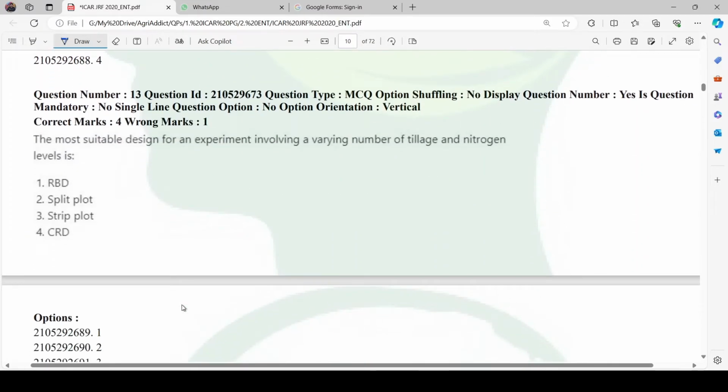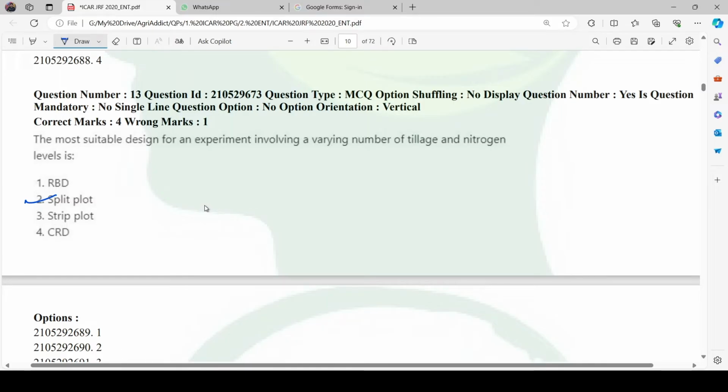The most suitable design for an experiment involving varying tillage and nitrogen levels is the split plot design. What happens in split plot design? There, two kinds of plots are taken, main plots and subplots, and several subplots can be there.